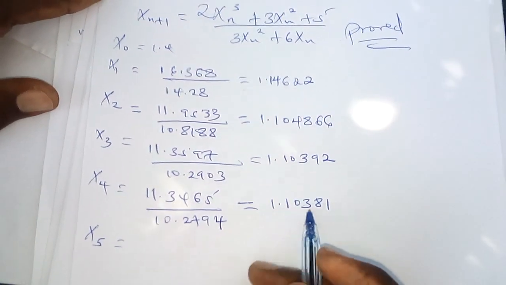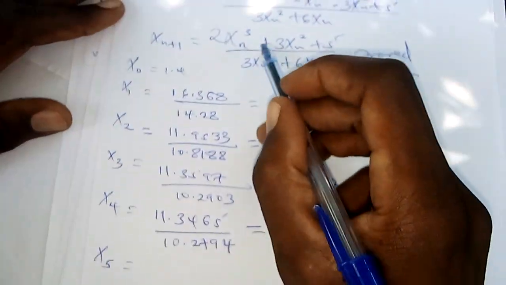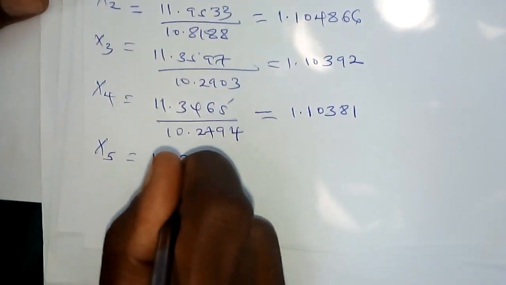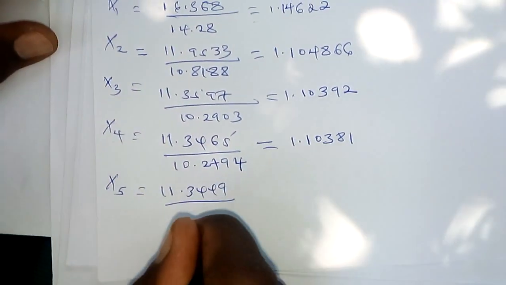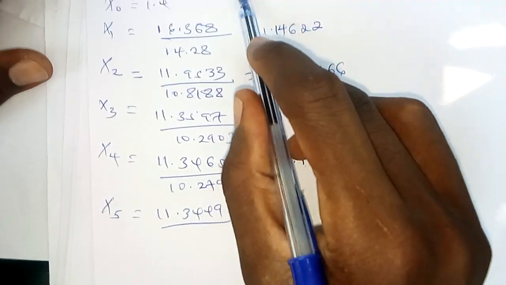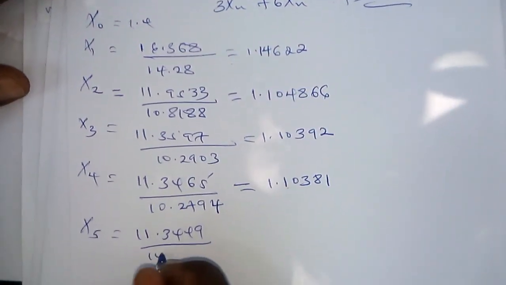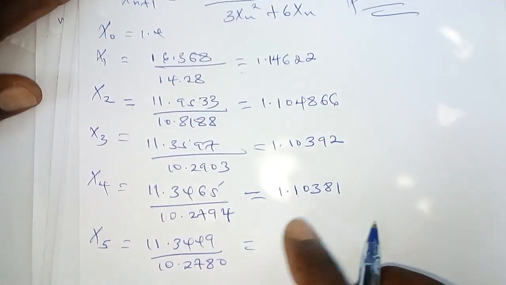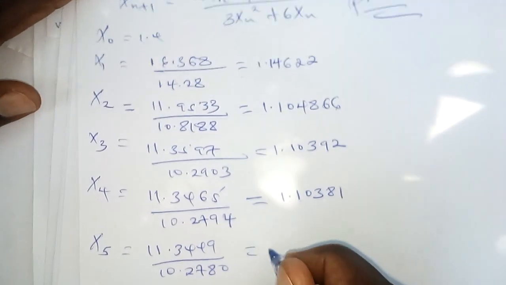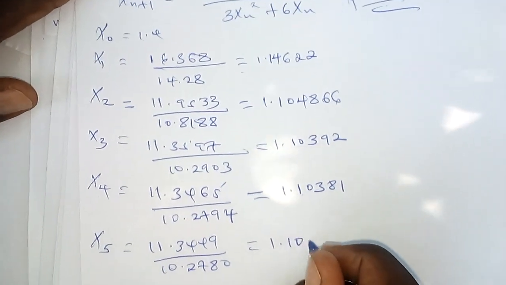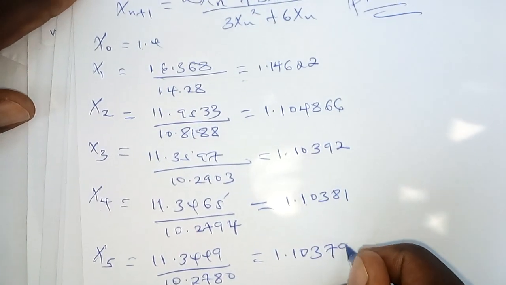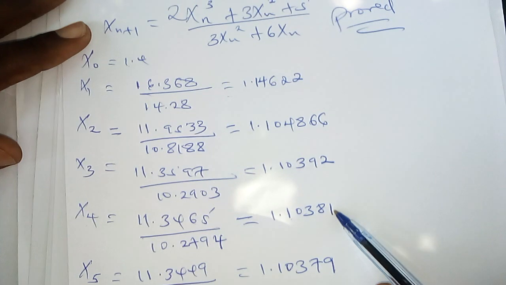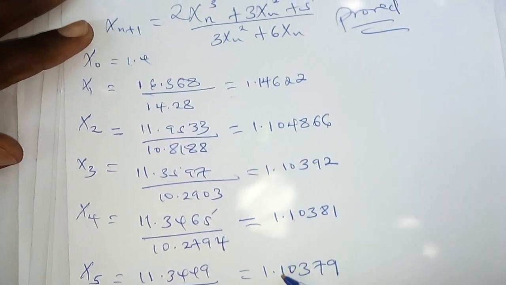The numerator will be 11.3449 all over, and the denominator will be 10.2780. So the answer, when you divide it out, will be 1.10379.